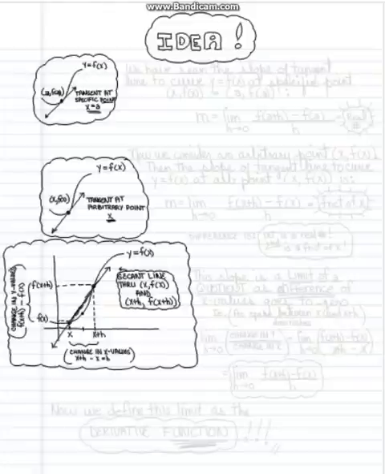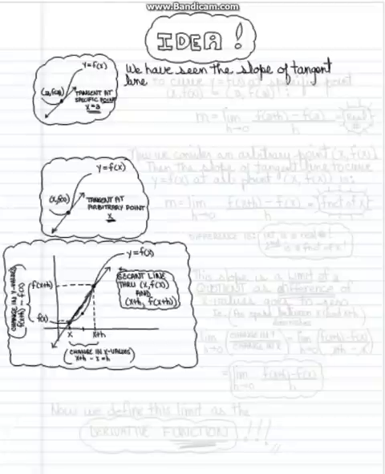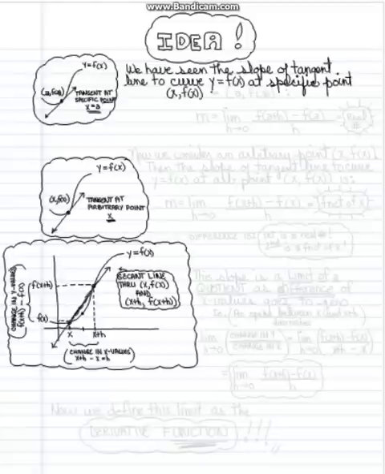Let's review those. In the first picture, we have a specific point for the x coordinate. We have a for x, and for y, we have the y partner to a, f of a. So we have seen the slope of the tangent line to the curve y equals f of x at a specific point, (a, f of a), is represented by this formula for the slope m.